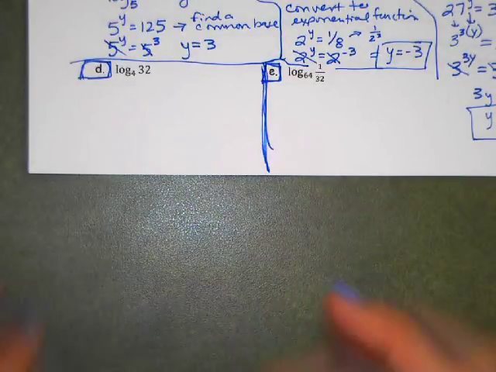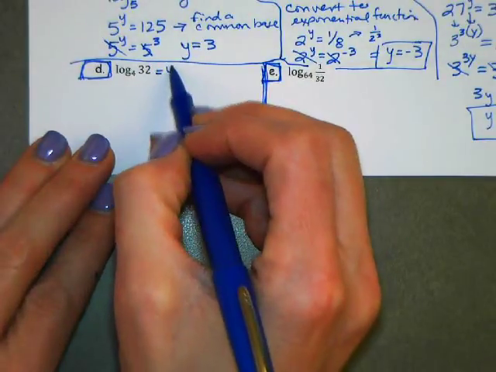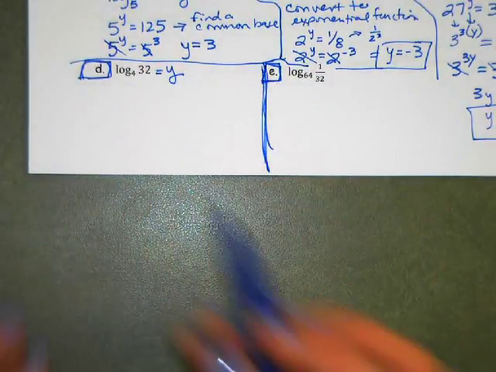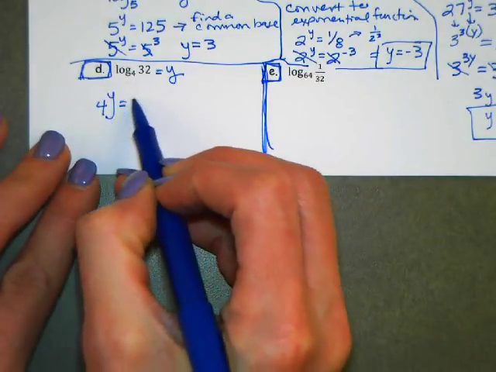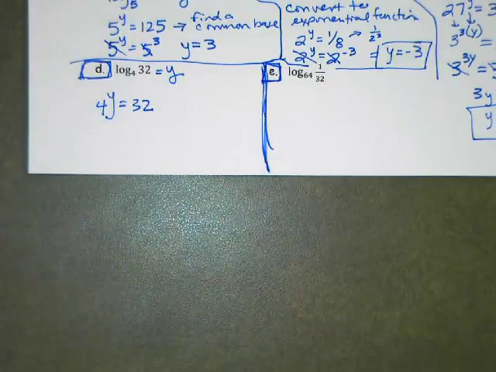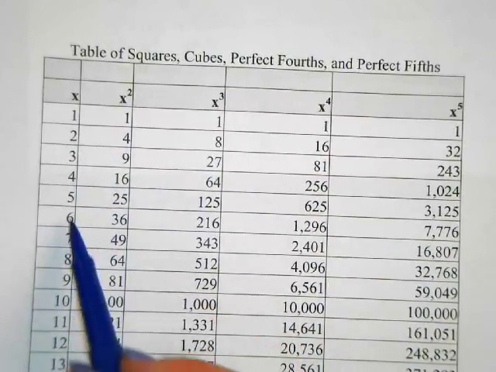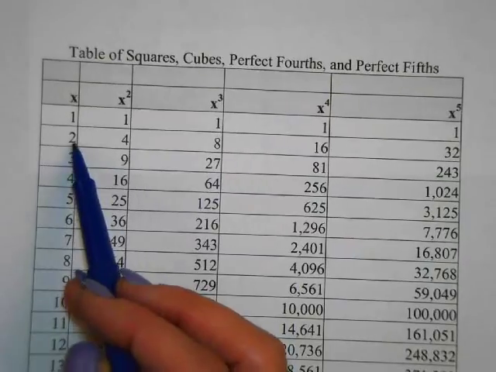So, very quickly in going through this, when it says evaluate, you set it equal to something. Evaluate means find an answer, okay? So I'm looking for 4^y = 32. Well, I have to have the same base. There is no 4 and 32 on the same line, so I have to go smaller. And so I go smaller, I have a 4 and a 32 on the same line, so my base is going to be 2.